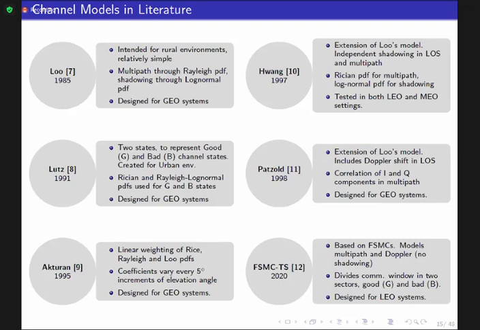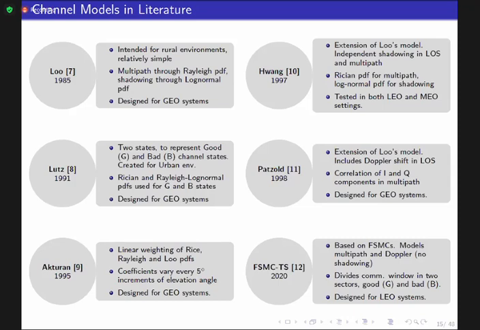The Barts model is a very unique sort of approach to channel modeling because it's constructed as a linear weighting of 3 different distributions, the Rice, the Rayleigh, and the Loo PDFs. So as this is constructed as a linear weighting, you have a ton of flexibility, and it also divides the elevation angle in 5-degree increments, right?